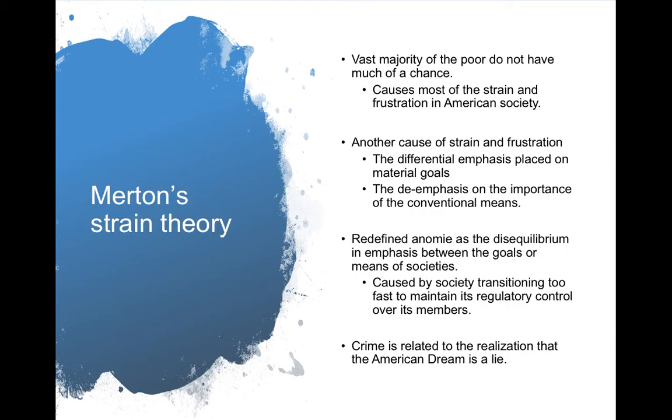There's a good example of how the goals are emphasized more than the means in our society. But the best way to illustrate this is through a hypothetical situation, and the Tibbets text gives a good one. A group of individuals are asked which of the following two men would be more respected by youth or even by some adults in our society.